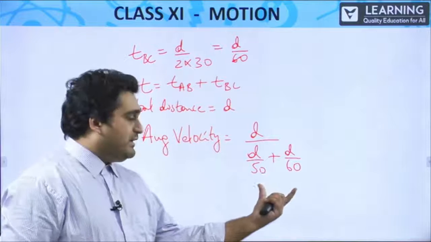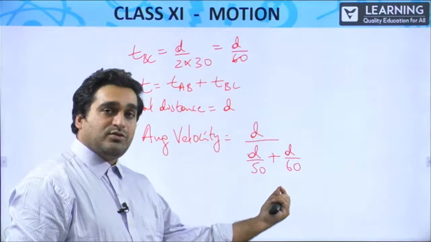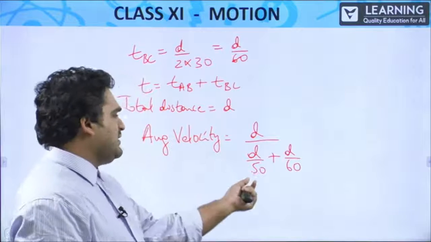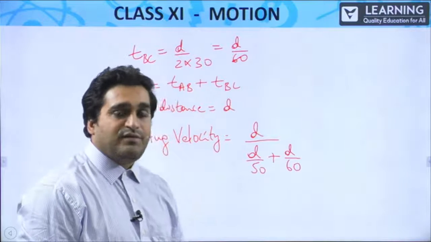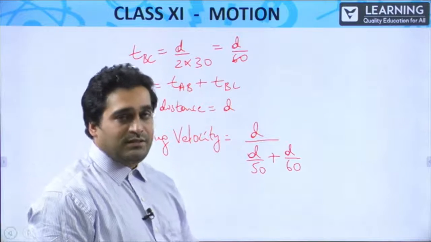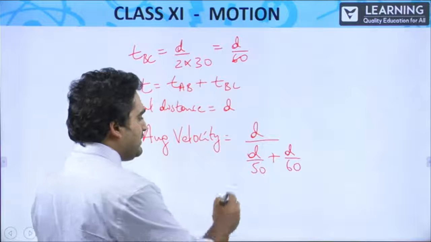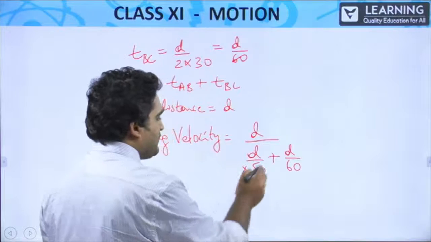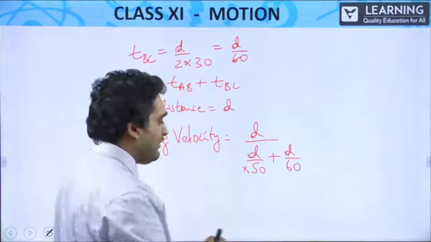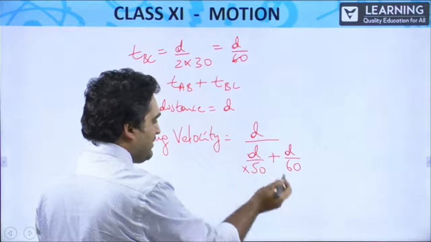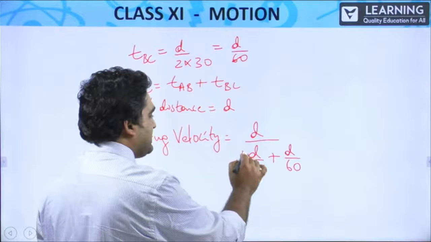Now we need to identify the LCM between the two, D by 50 and D by 60. So find the LCM for 5 and 6. 5 and 6 LCM is 30. But now you have 50 and 60, so you can guess what would be the LCM. In this case, 300, if at all you were doubting. For this to be 300, I multiply by 6.